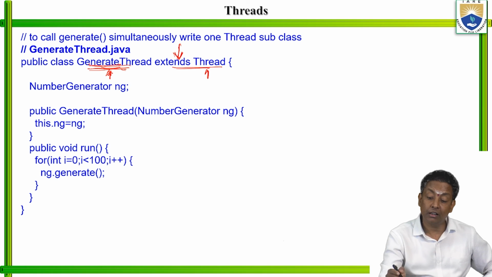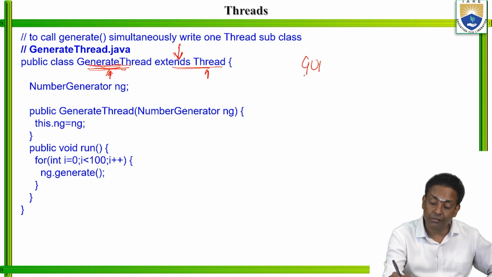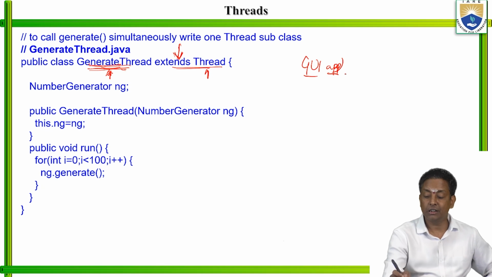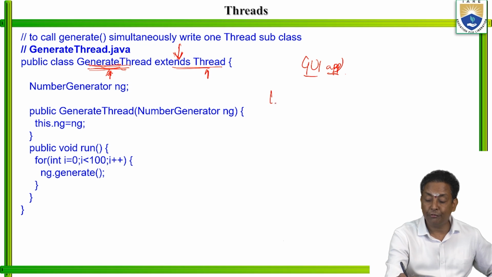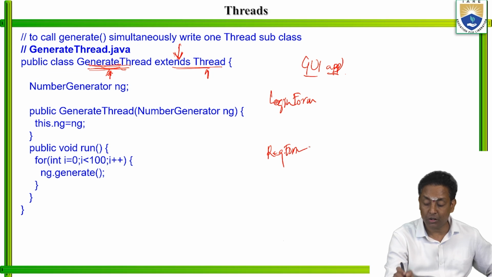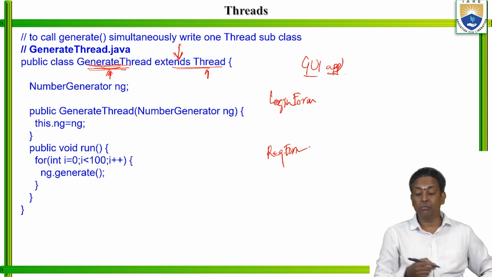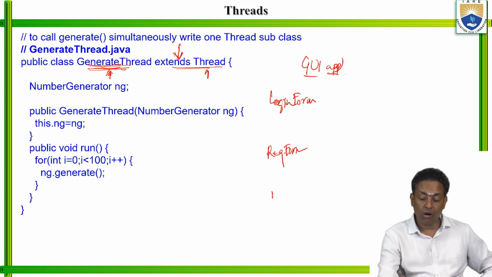For example, in graphical user interface applications, we write a login form, login frame, registration form, or menu page in Java.